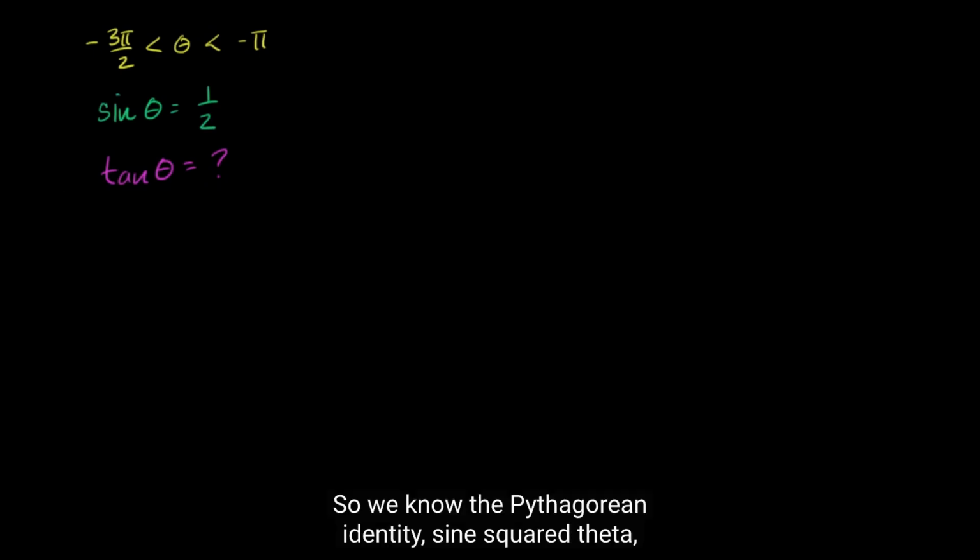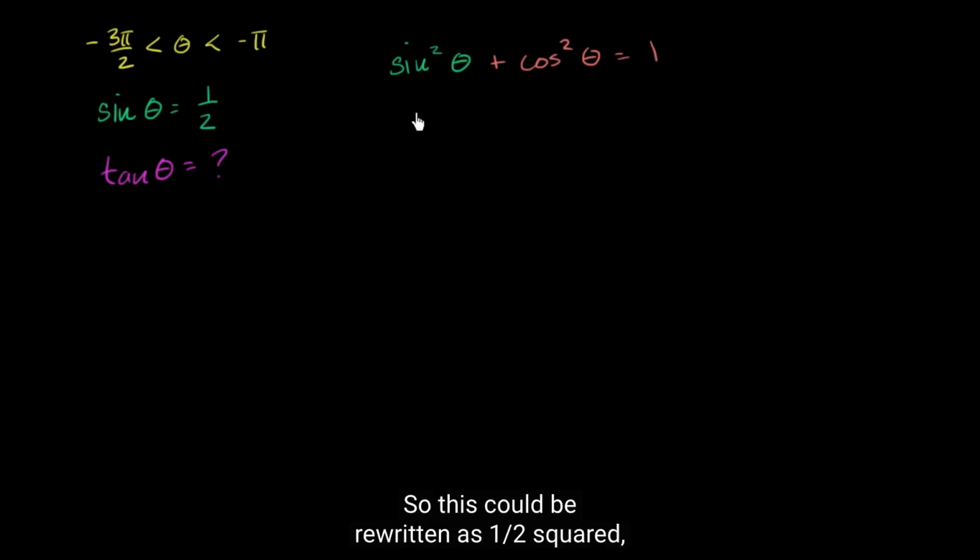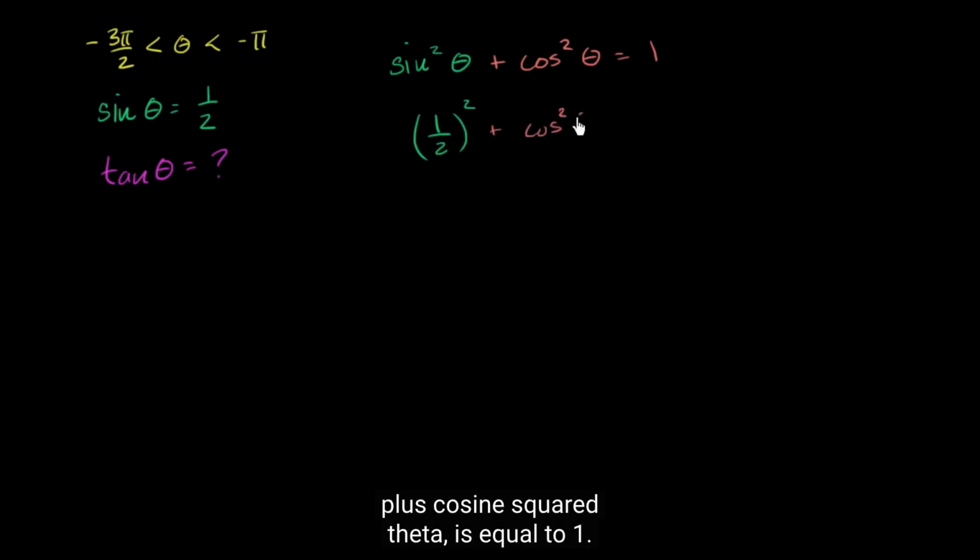So let's do it. We know the Pythagorean identity, sine squared theta plus cosine squared theta is equal to 1. We know what sine squared theta is. Sine theta is 1/2, so this can be rewritten as 1/2 squared plus cosine squared theta is equal to 1.